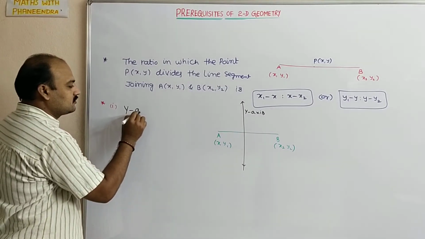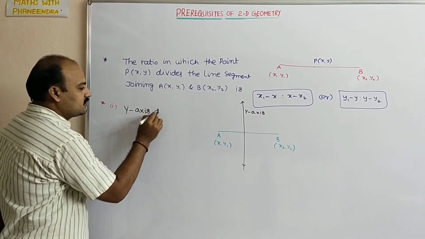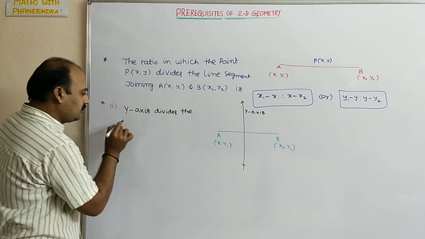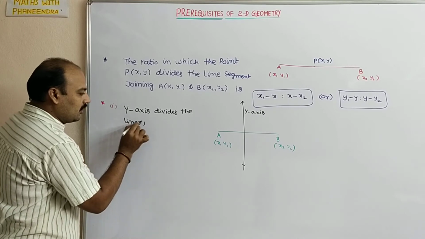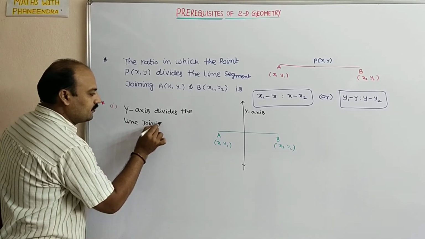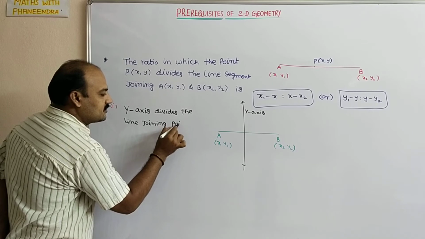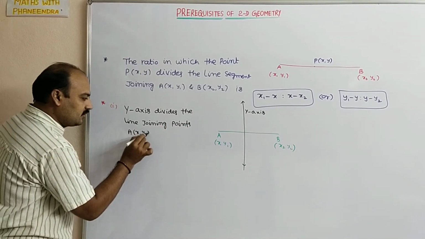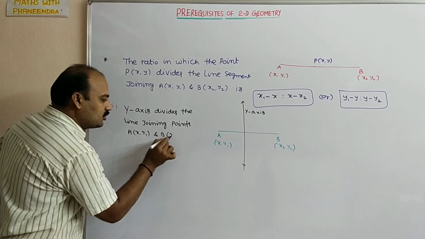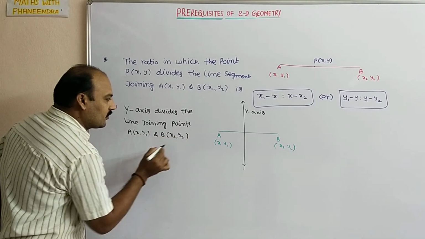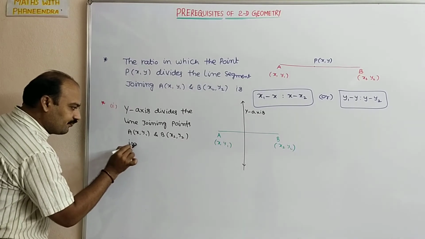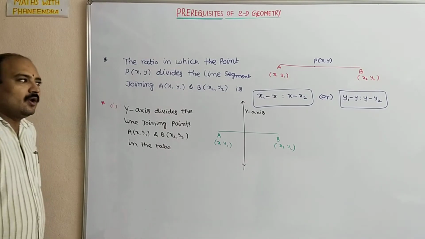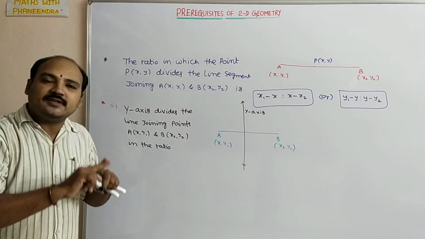The y-axis divides the line joining points A of x1, y1 and B of x2, y2 in the ratio, whenever y-axis, minus x1 is to x2.